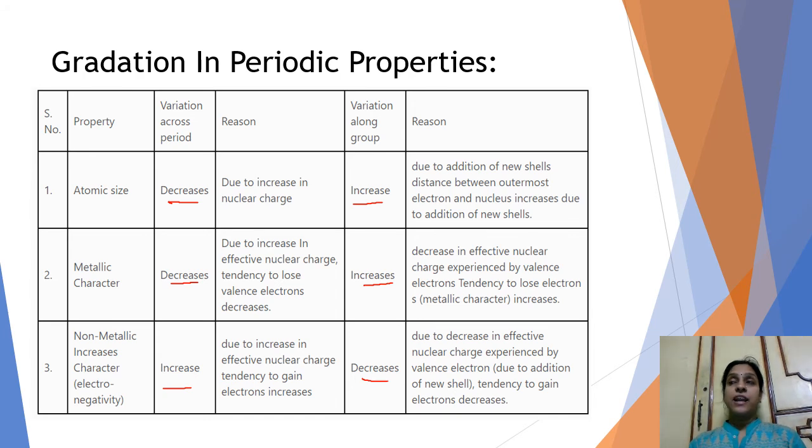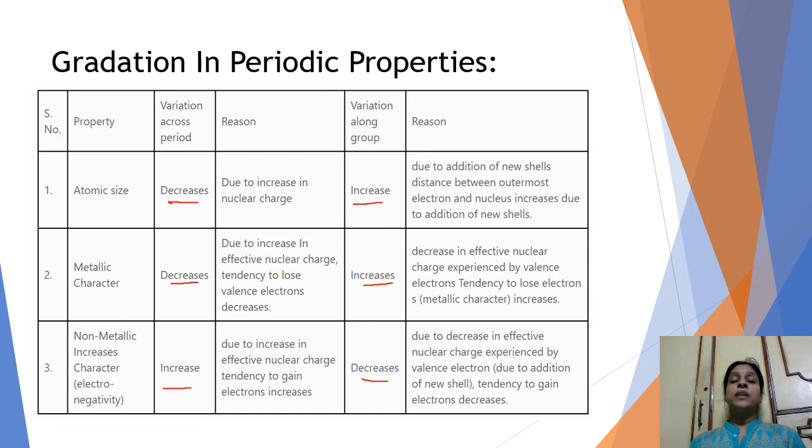Next comes valency. Valency is the number of electrons present in the outermost shell, or if the number of electrons present in the outermost shell is more than 4, then valency will be 8 minus the present number of electrons in the outermost shell of an atom of the element.